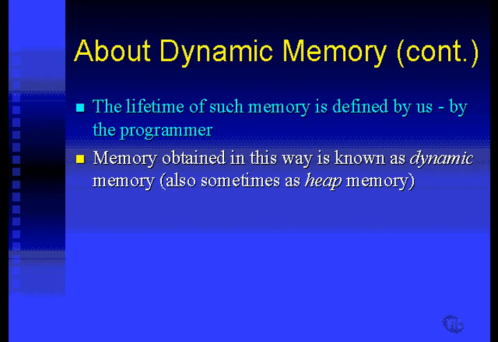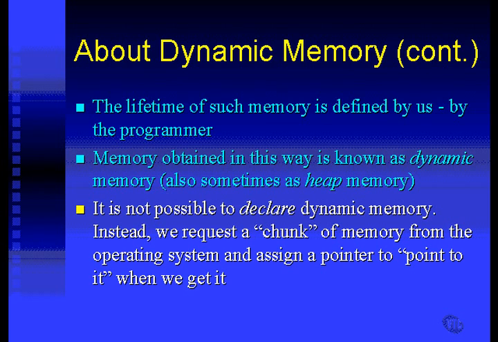Now, unlike global variables and local variables, you don't actually declare variables that are dynamic memory variables. You don't say, all right, I'd like an array of structures of type employee, I'd like 300 of them, go. And you don't declare that as you would declare a local variable or a global variable.